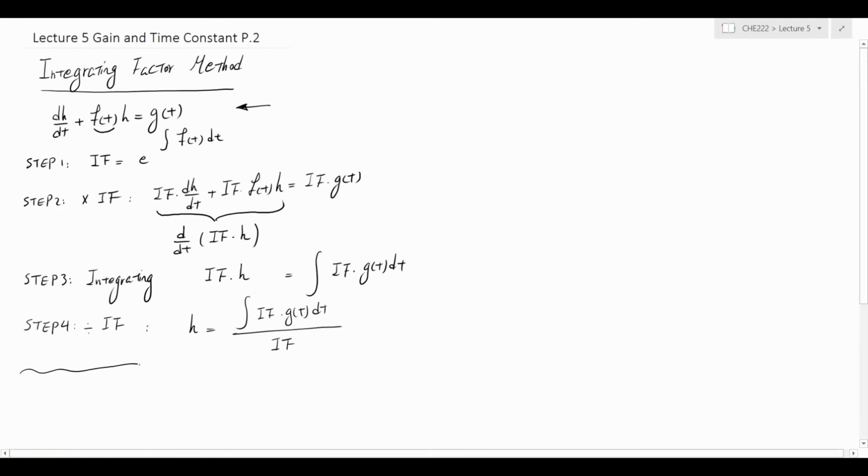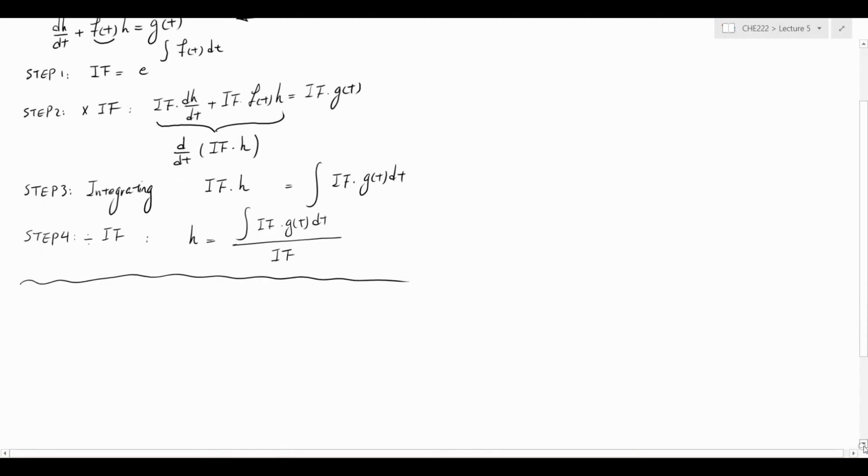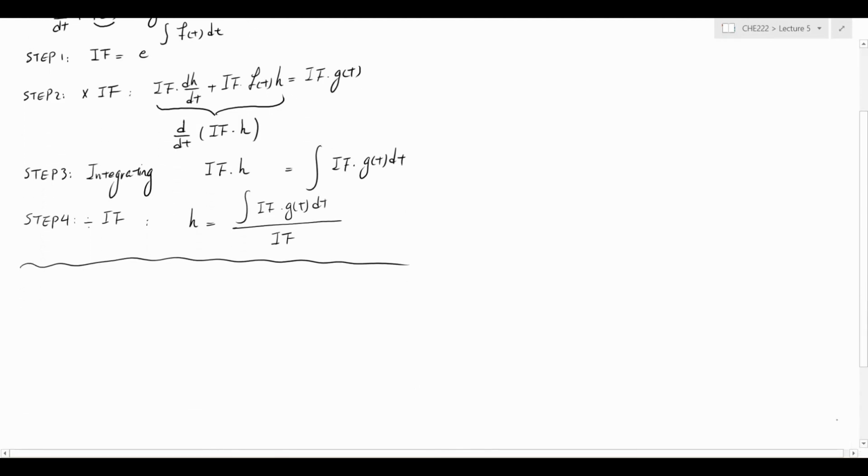So with that, I can go back to the surge tank example and try to solve the equation that we found in the previous session using this method.